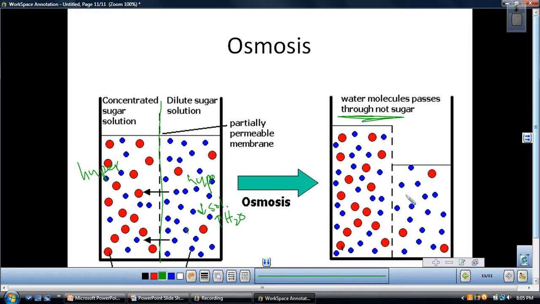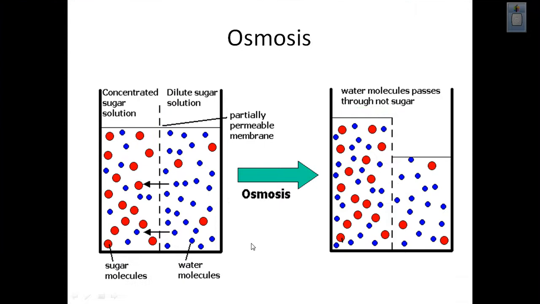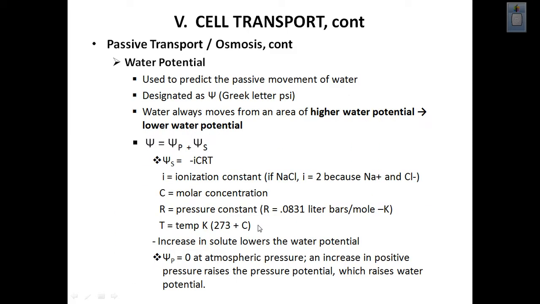After a while, once you let these two solutions be near each other, water will go from side A towards side B until it reached equilibrium. And so now my water level increased on this side to allow them to reach an isotonic situation. Okay, does that make sense?